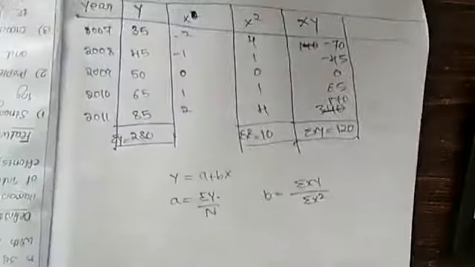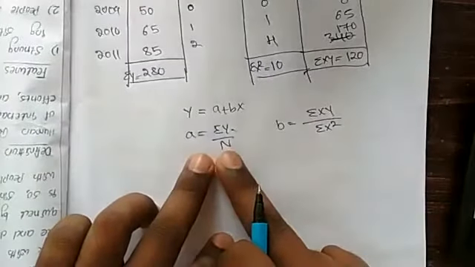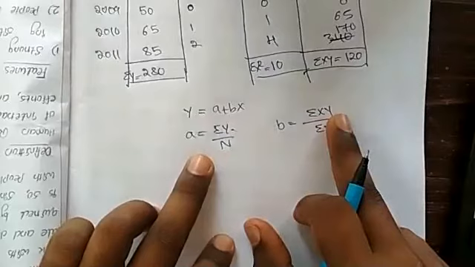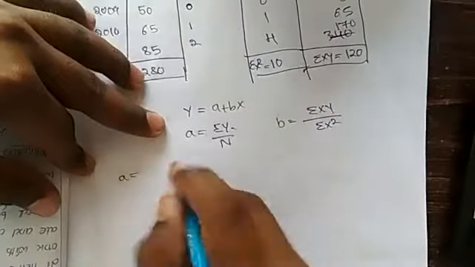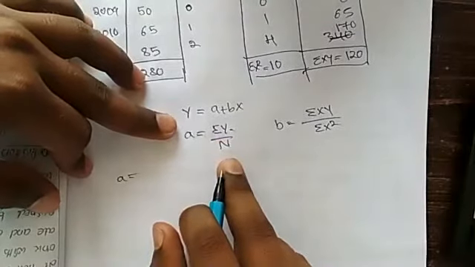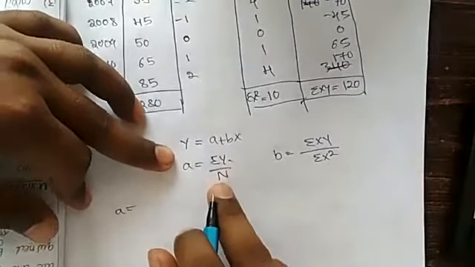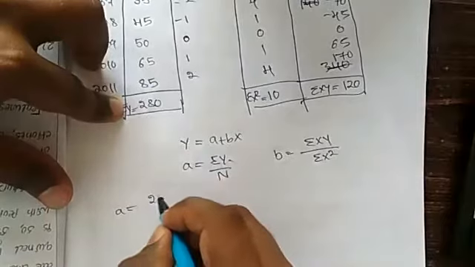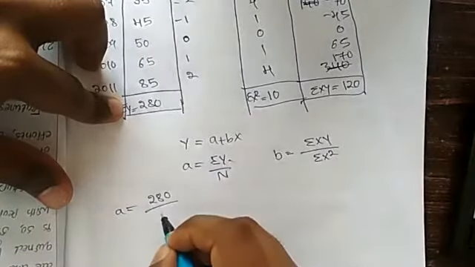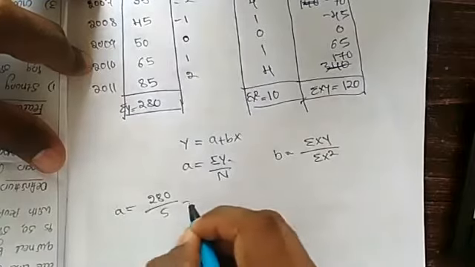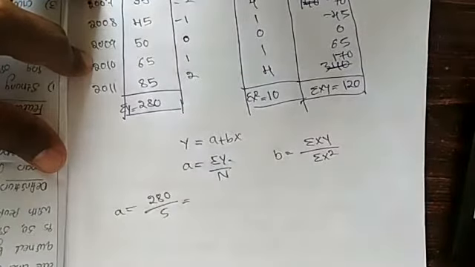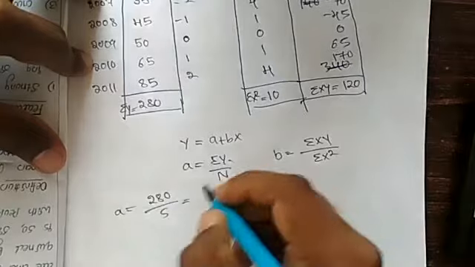Now use this formula to find out constant values and beta values or slope. First we can find out a, that is sum of y divided by n. 280 divided by n, number of years, 5 years. 280 divided by 5, 56.